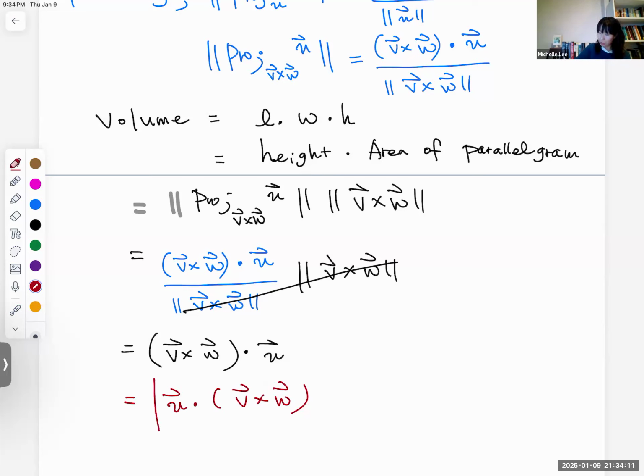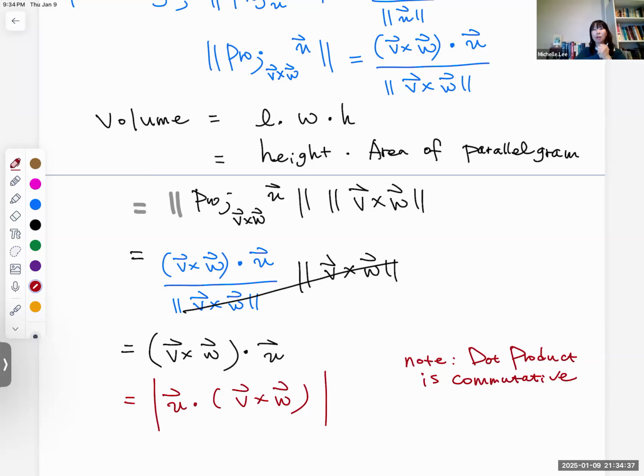And then we will use the absolute value because we don't want the negative as volume, right? Dot product, commutative. Okay, we're done.